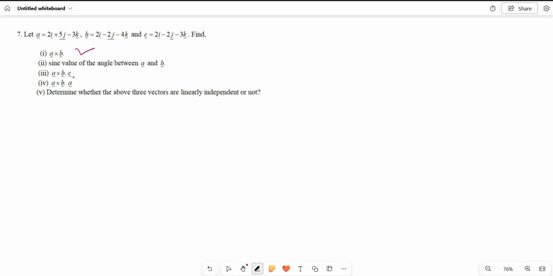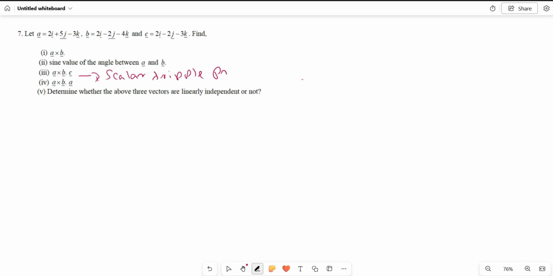And the third thing is A cross B dot C. That means this is a combination of the cross product and the dot product. We'll call this the scalar triple product. Actually, this scalar triple product is the volume given by these 3D vectors.